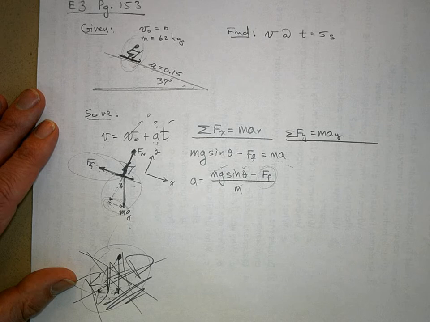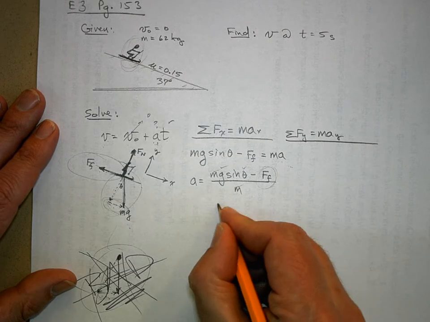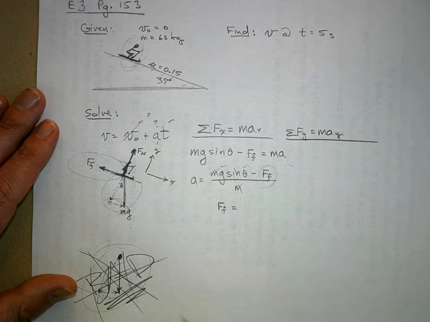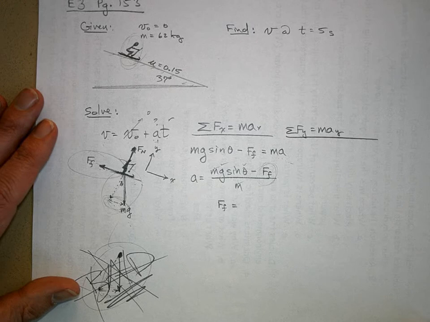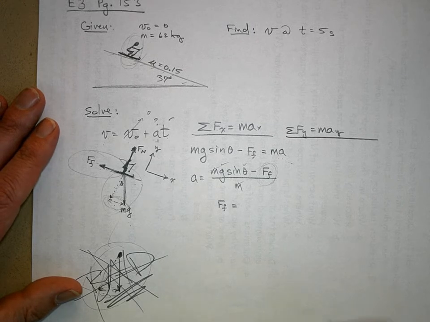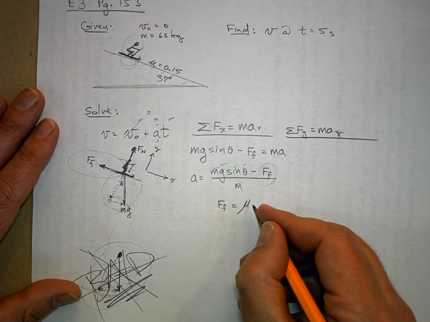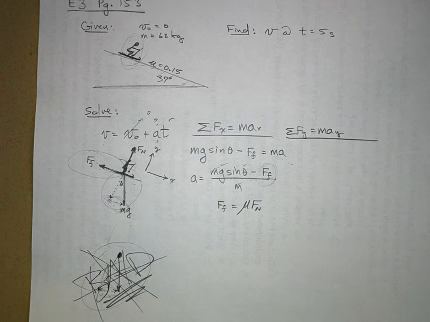So let's figure it out. What's the force of friction equal to? What's our basic equation for the force of friction? It equals mu, our coefficient of friction, times the what? Times the normal force. Don't call it the weight. It's not even going to be equal to the weight anymore. Not in this problem.